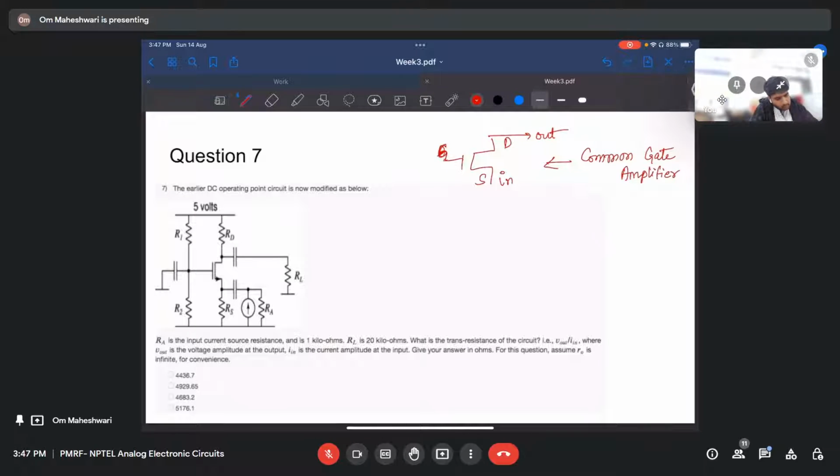So we have to find the transresistance, let's call it RT, that is V out by I in. R naught is assumed to be infinity. Okay, so let us solve this.